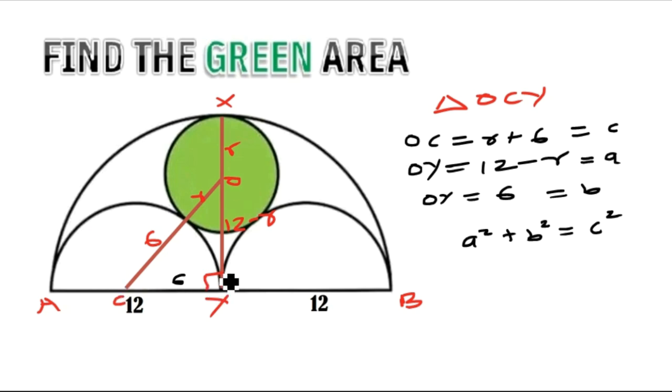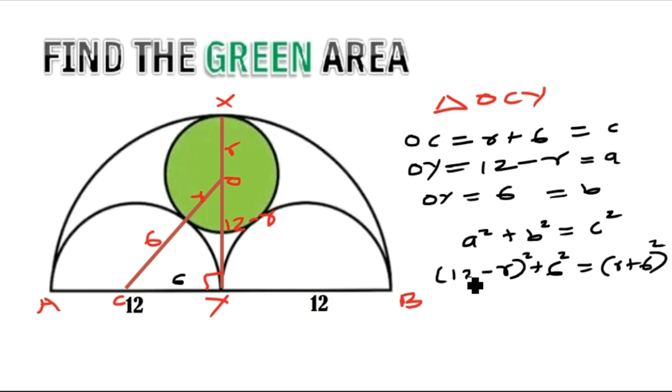So if we substitute, our a is 12 minus R, so we will have 12 minus R squared, plus b squared, our b is 6, so that is 6 squared, equal to c squared. Our c is R plus 6, so that is R plus 6 squared.